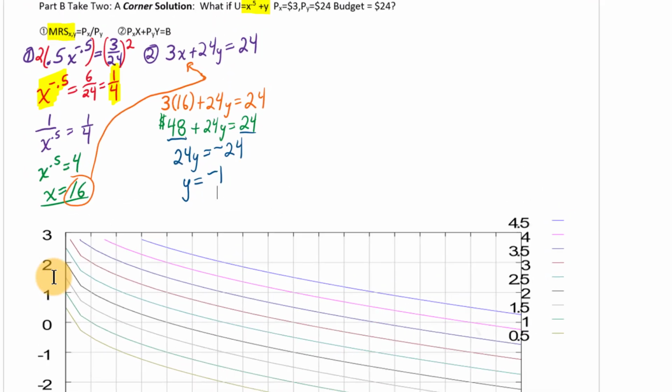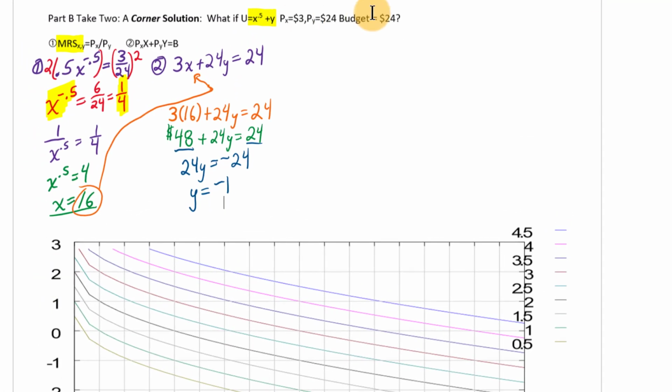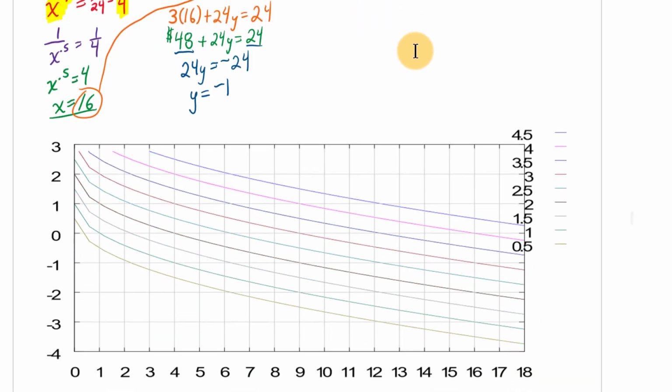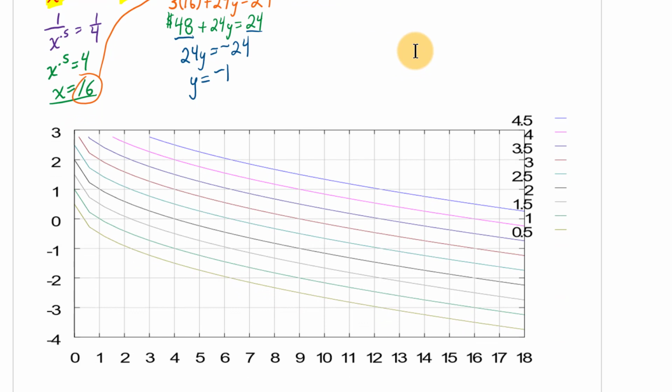So the budget line, we have $24. If we spent all of our money on y's, we could buy 1. So if we bought no x's, we could buy 1 y. So that would be this point right here.